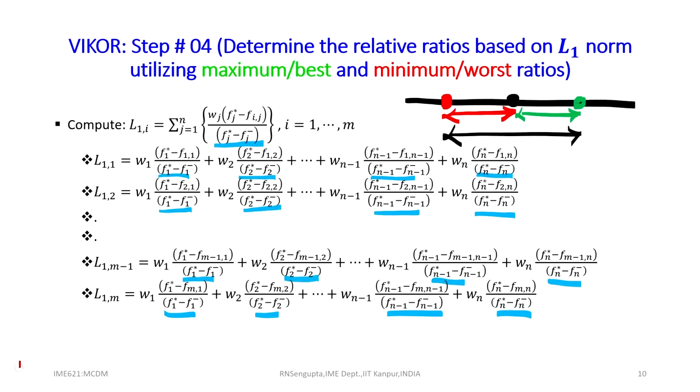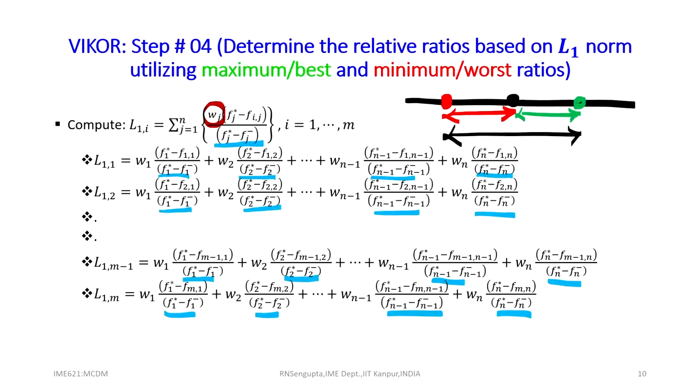And where are the weights? If you check, they are the weights. I will use the dark red color, these are WJs, and J is what? J is equal to 1 to n, so that the weights correspond to the number of criteria which you have. So, for the first case, I am considering the L11, based on the fact that I would basically have the L1 norm for the first alternative, the weights I am multiplying is W1 for the first one, then W2 for the second one, similarly Wn for the nth one.